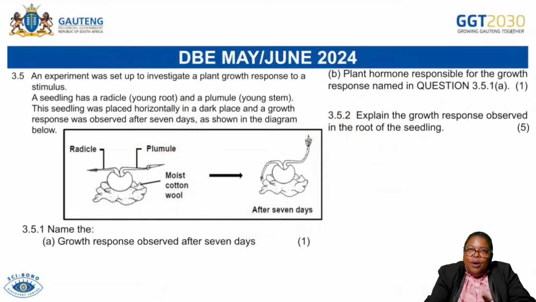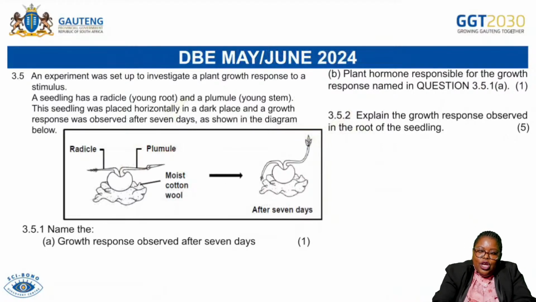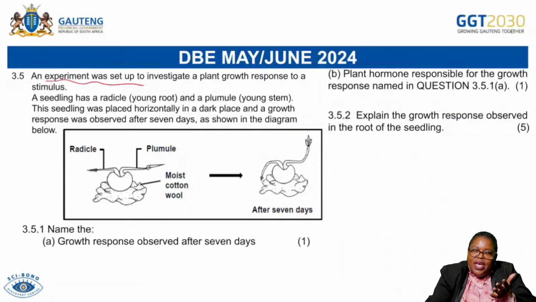Remember, when you are given the experiment, you can get the aim of the experiment. We gave you examples when my colleague was mentioning that with an investigative question, you must get the aim of the investigation or the experiment. And then in the aim of the experiment, you are able to get what?